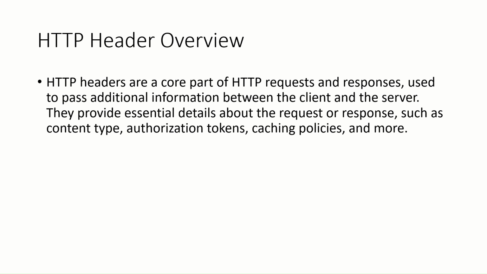If the flag is false, the backend should work in a different way. So based on that additional information sent from the front end in the HTTP headers, the backend works differently. This is what I want to say: HTTP headers are used to establish the connection between the client and the server and pass additional information between them. So this is about HTTP headers.